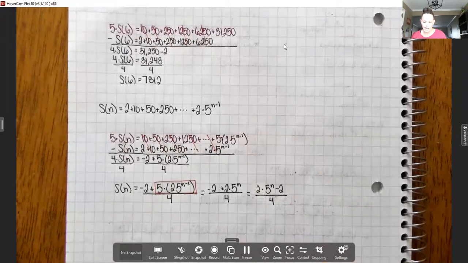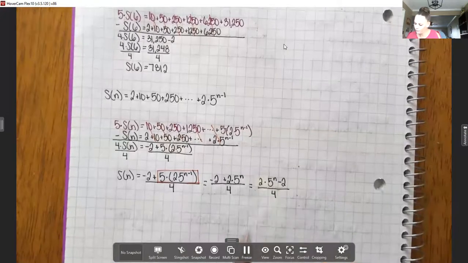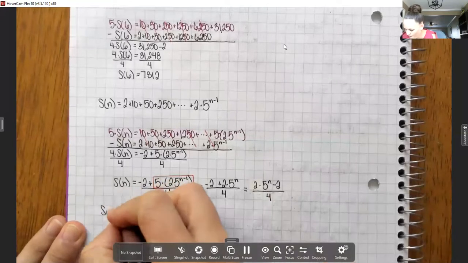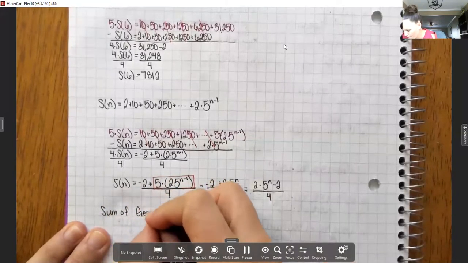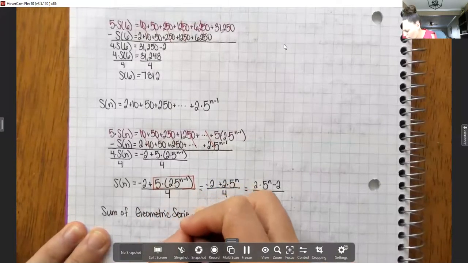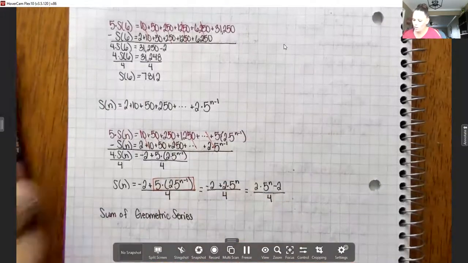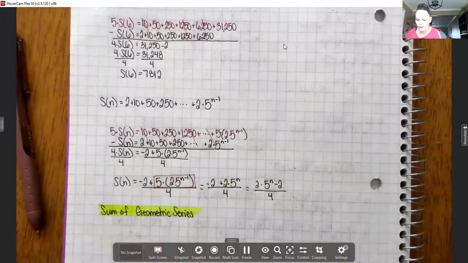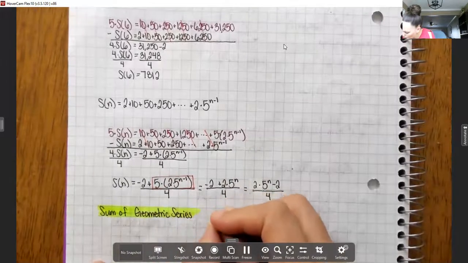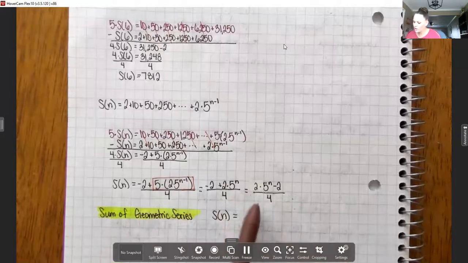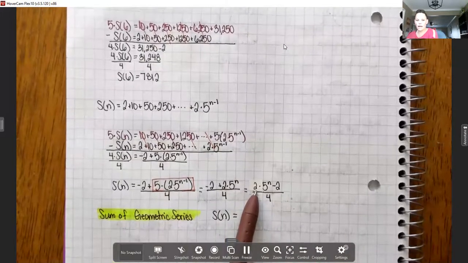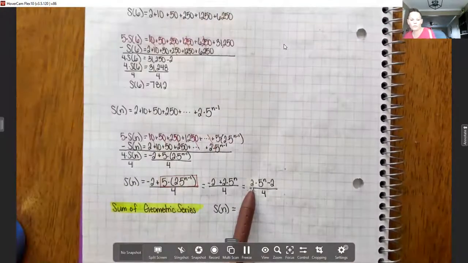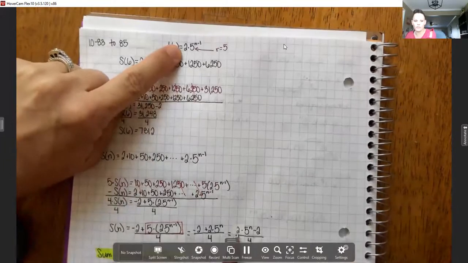So that's the sum of the first n terms of a geometric sequence, or in this case, a series. If we think about what each of these numbers mean, the sum of a geometric series, and we'll get this in some notes in a little bit, S of n equals, so this 2, if we go back and look at the original problem, this 2 is our first term.